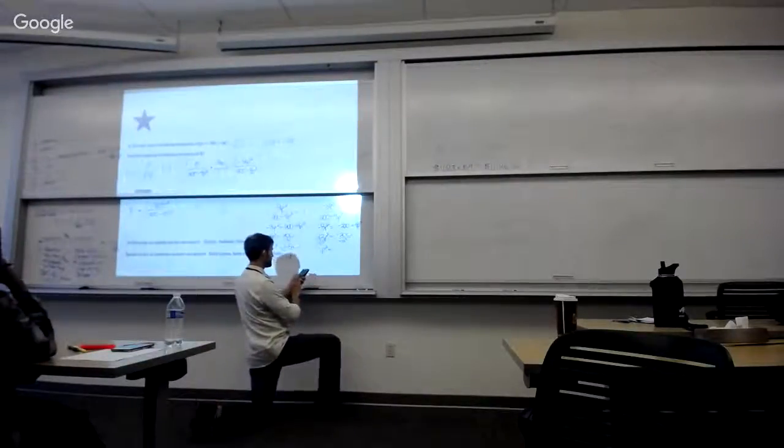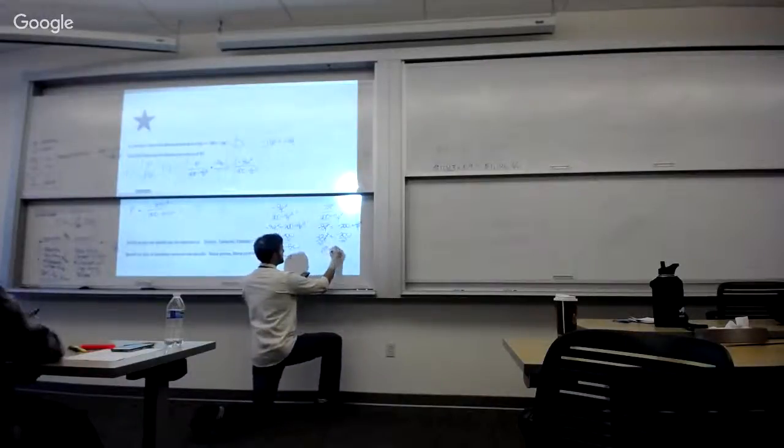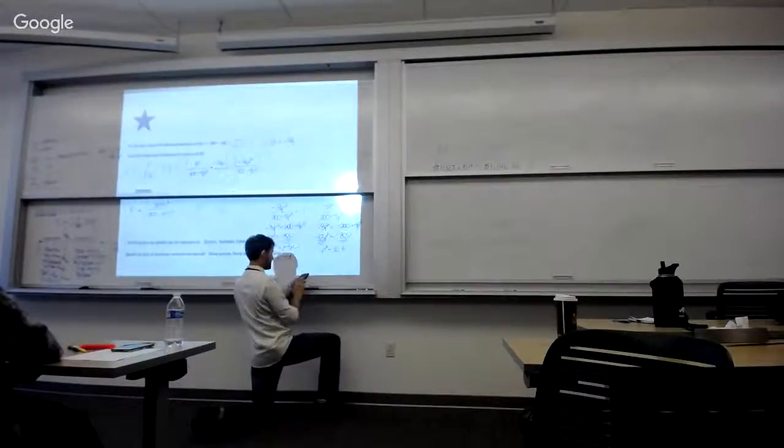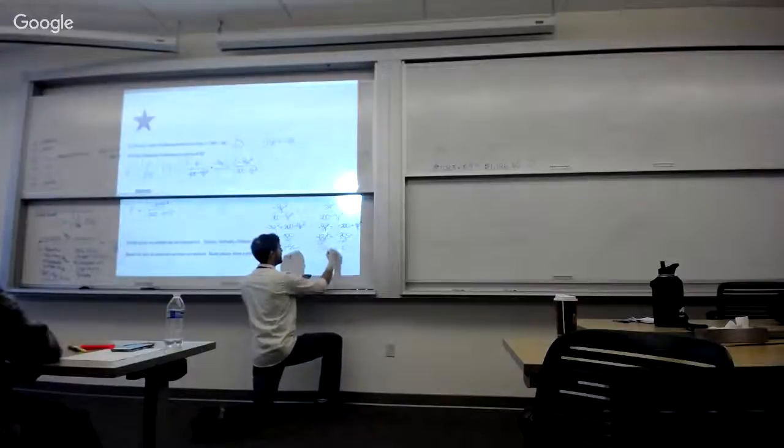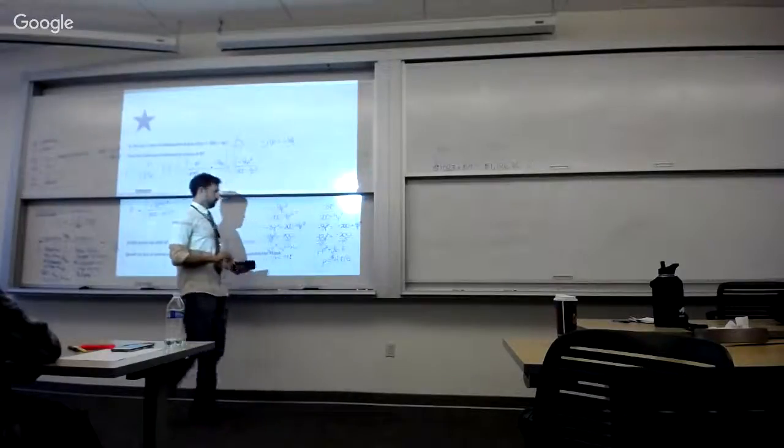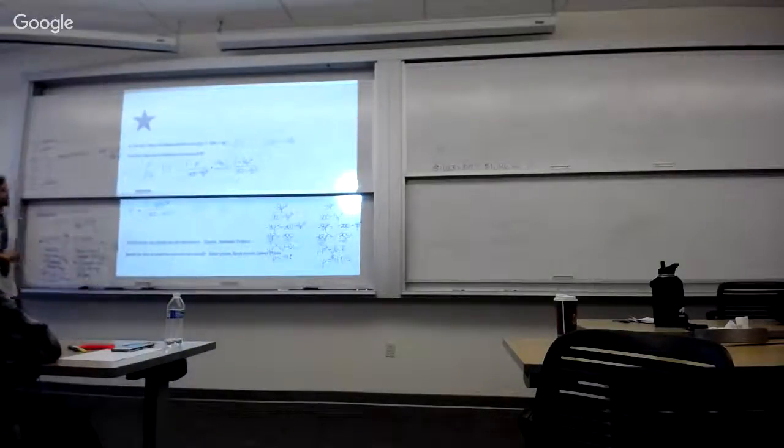So 200 divided by 12. 16.6 repeating. Square root that. Okay. The price we should actually charge is $4.08. So apparently $7 was too much. But $4.08 is just right.